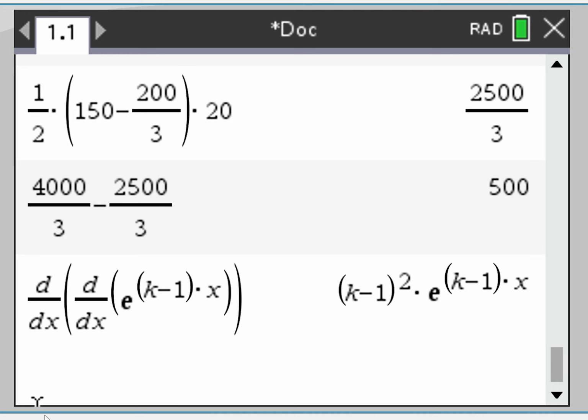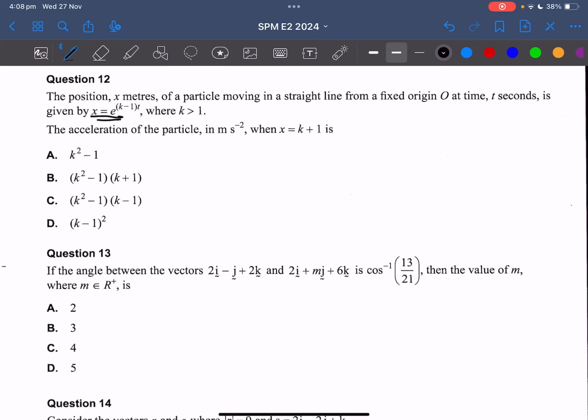Okay, so we are given that we have to find the acceleration when x is equal to k plus 1, right? So we can substitute x into here to find the time, because the time will be the same regardless of whether we are finding velocity or acceleration. So let's use that to solve for the time.